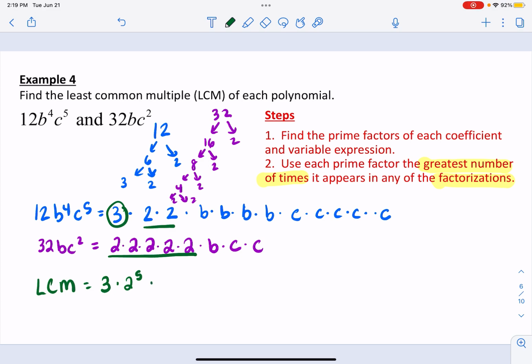Okay, and then I have b 4 times, but I only have b once here, so I'm going to take b to the 4th. And here, c to the 5th. Okay, so I need to multiply 2 to the 5th times 3. Well, that's 96, b to the 4th, c to the 5th.